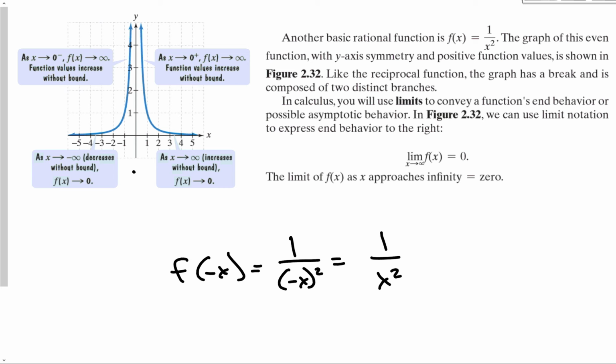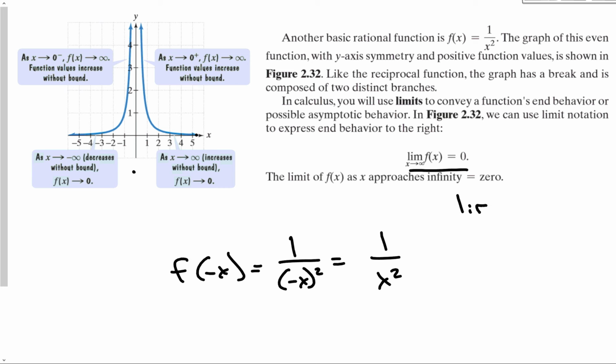And now we can talk a little bit more about this limit notation. In calculus, you will use limits to convey a function's end behavior or possible asymptotic behavior. We can use limit notation to express the end behavior to the right. So the limit as x approaches infinity is 0, because I can see it's getting closer and closer there.